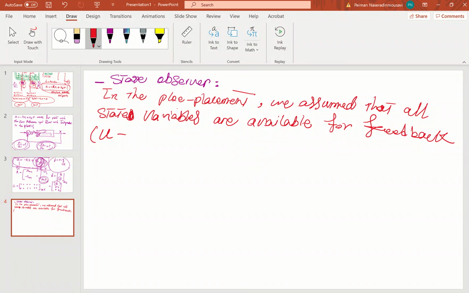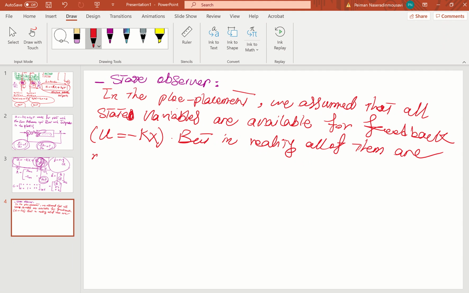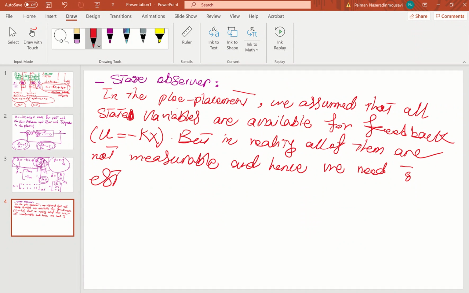Remember that it was the u = -Kx state feedback. But in reality, not all of them are measurable, and hence we need to estimate them.